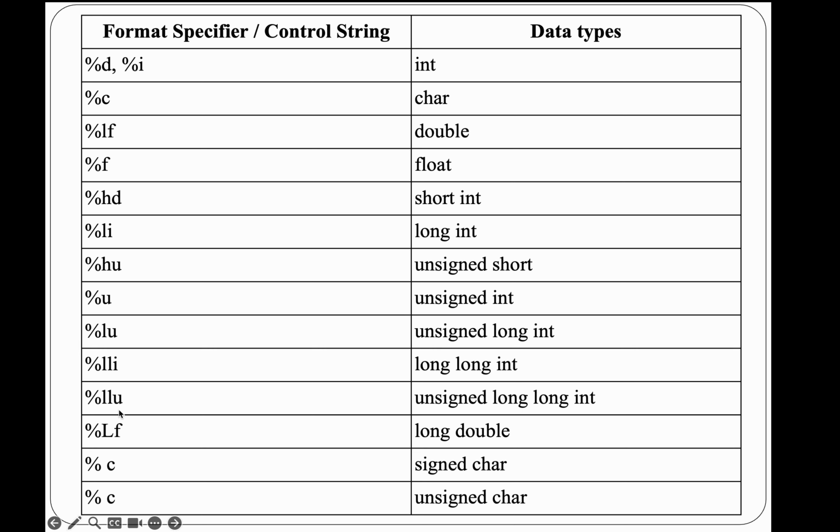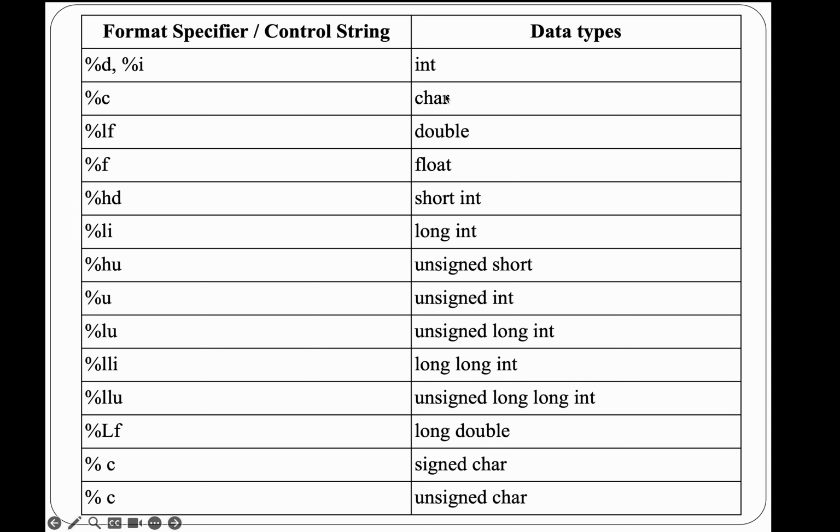Okay, so that's why if we talk about unsigned long int, it is lu. But if it is a double, the l becomes capital L. Okay, lf is already used for a normal double. Here capital L and small f is used for long double.